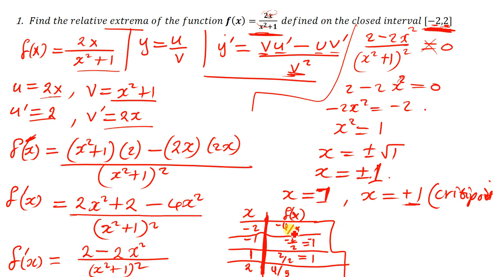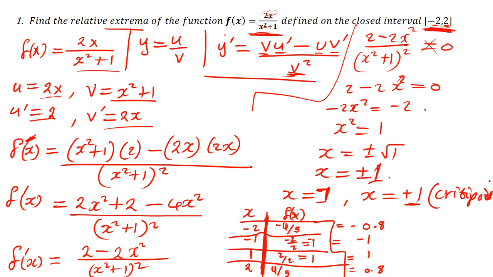Negative 4 over 5 is just the same as negative 0.8. Then we have negative 1, then we also have positive 1, and then this one is 0.8.